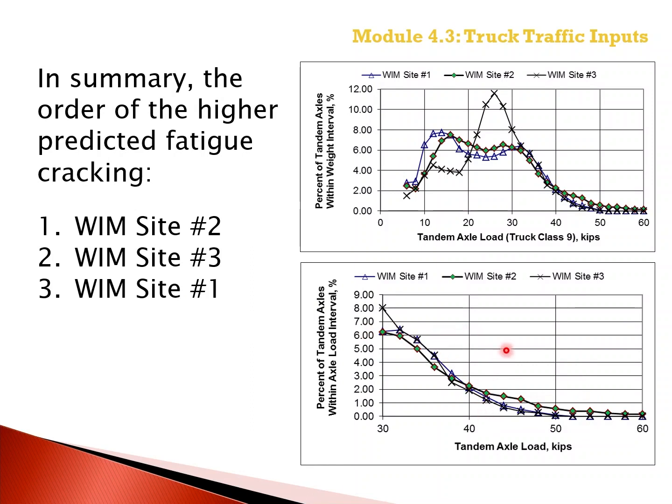So simply looking at the percentages of trucks at the legal load limit, where WEM site number 3 had higher percentages, would not define the higher distresses when WEM site 2 had slightly higher percentages of significantly overloaded trucks.